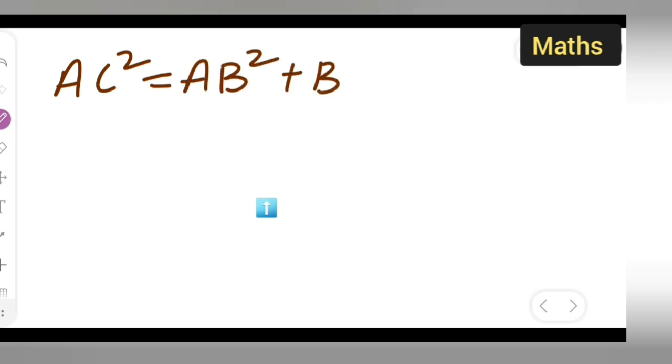Let me directly write it here without wasting much time. So AC square is equal to AB square plus BC square.